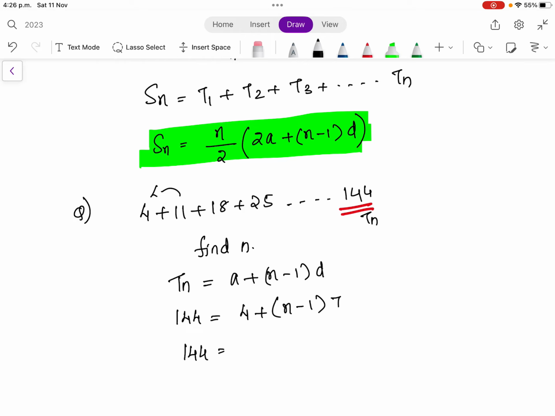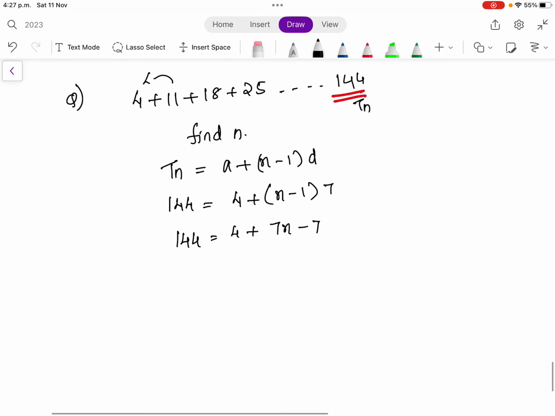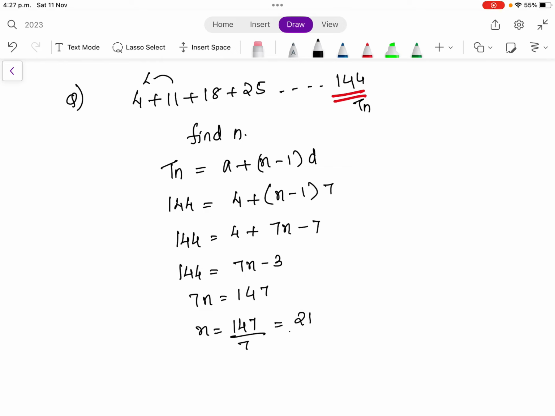Okay, so 144 is equal to 4 plus 7n minus 7. Let me simplify this. So 144 is equal to 7n minus 3. So 7n is equal to 147 and n is equal to 147 by 7, which is equal to 21. Which means that there are 21 items in the series.